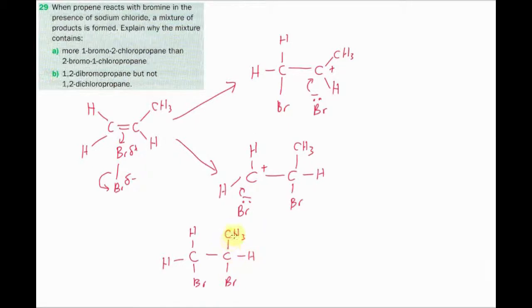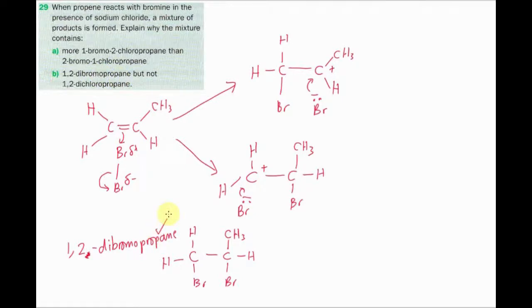It's a different case to when we had something like hydrogen bromide, because we'd have a hydrogen in one place and a bromine in another, but now we've got bromine in both places. So we end up with this product here, which is 1,2-dibromopropane, like that. We do end up with 1,2-dibromopropane, right, that makes sense.